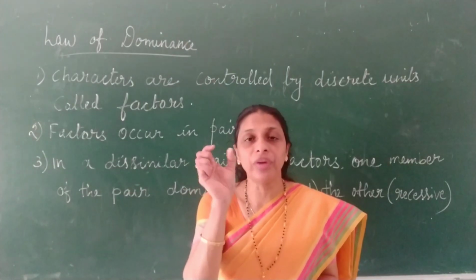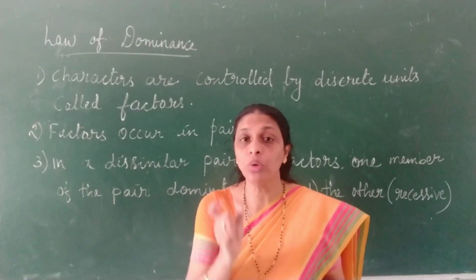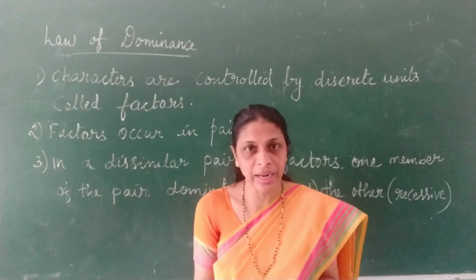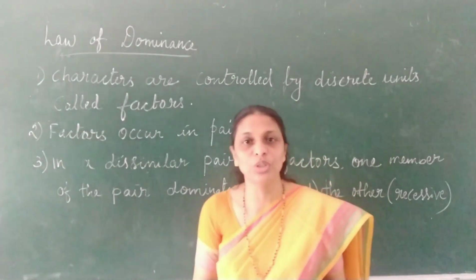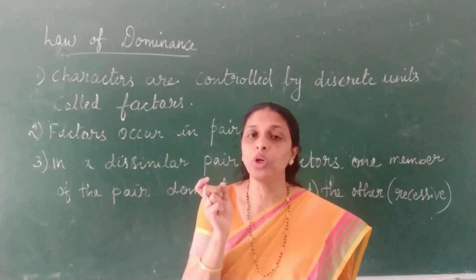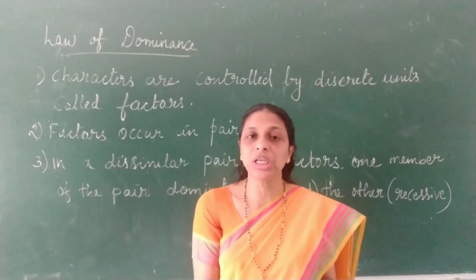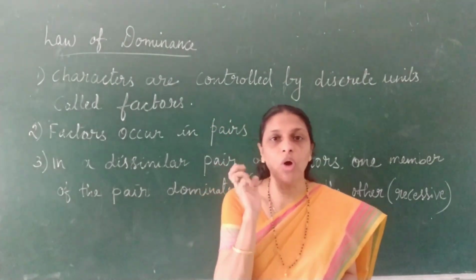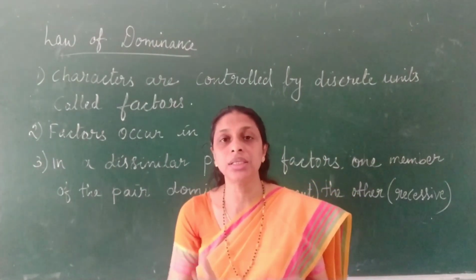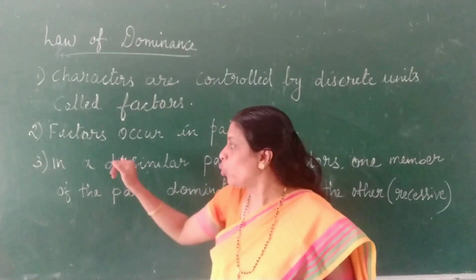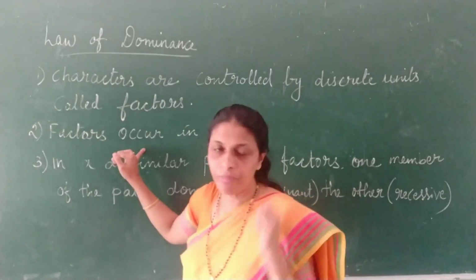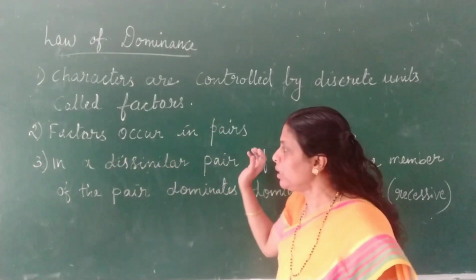You know that every chromosomes are found in pairs, right? There are 23 pairs of chromosomes in the case of human beings. So chromosomes, homologous chromosomes are always found in pairs. And the alleles or the genes are found on specific point on the chromosome. So these factors, they occur in pairs. This was the finding of Mendel. Factors always occur in pairs.